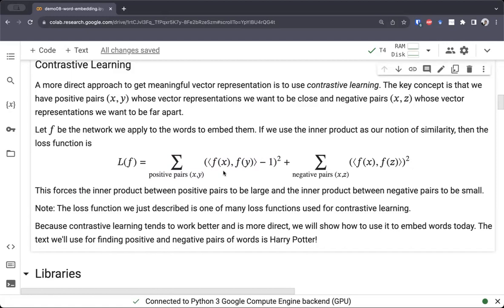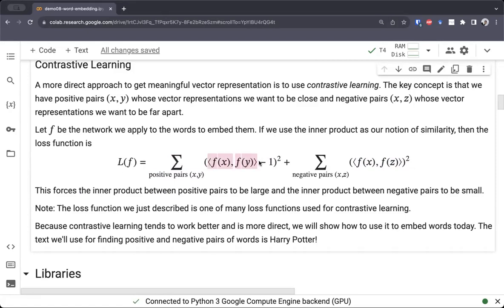Now let's consider negative pairs X and Z. We want this inner product to just be small between the embeddings of X and the embeddings of Z. We can enforce that by just squaring this value so it's always positive, and then we achieve low loss if this value is small. Notice that there's some inherent weighting here.